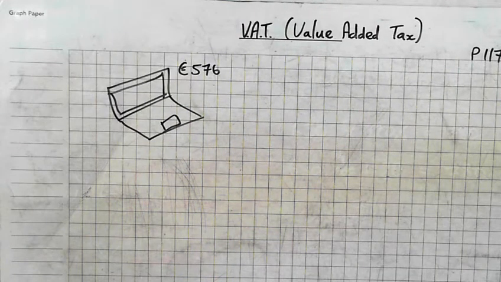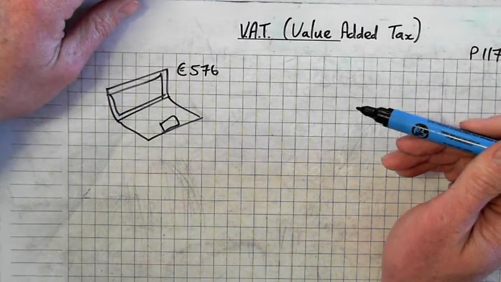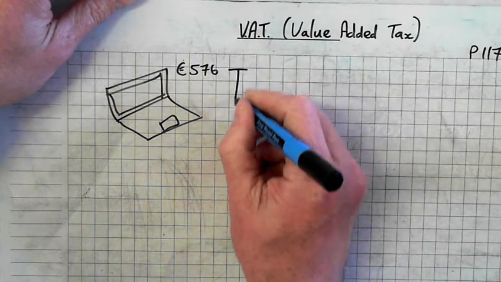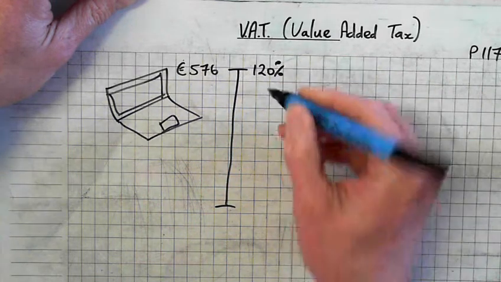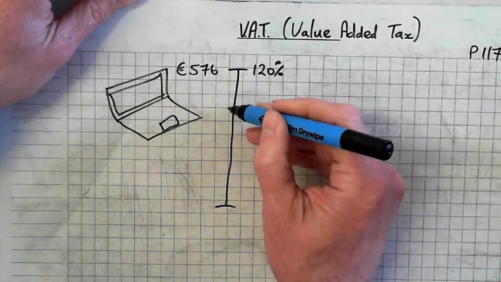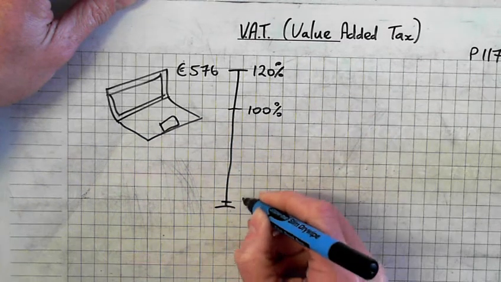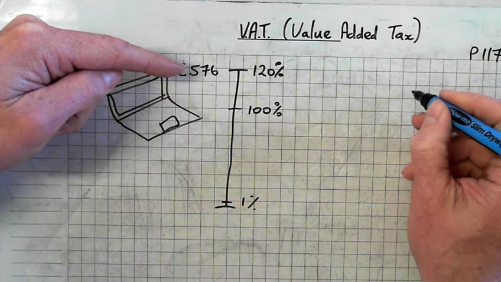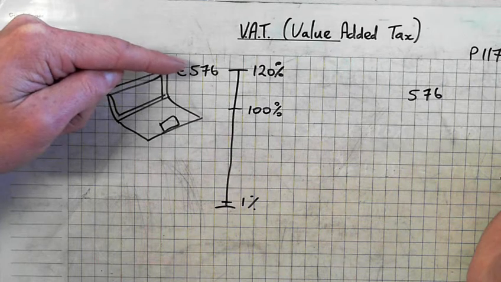Okay, so what percentage is the VAT at? 20%, isn't it? So 576 is actually 120%, isn't it? And what's the price before? So we need to find out what 100% is. Alright, so the first way we can do it is 576. How do you find 1%?